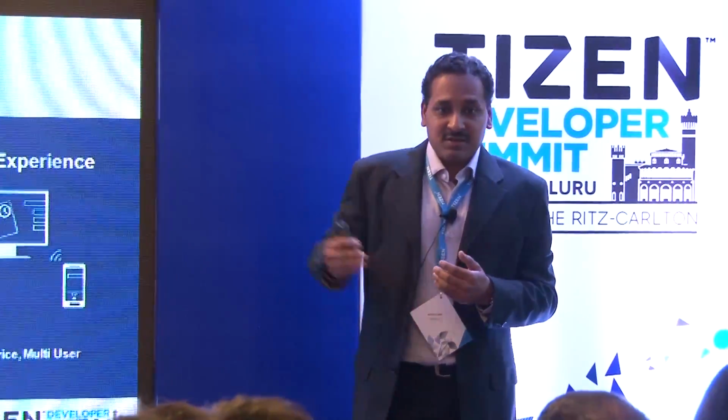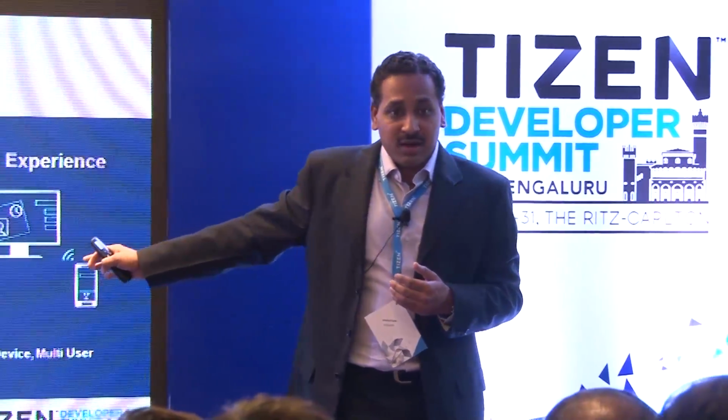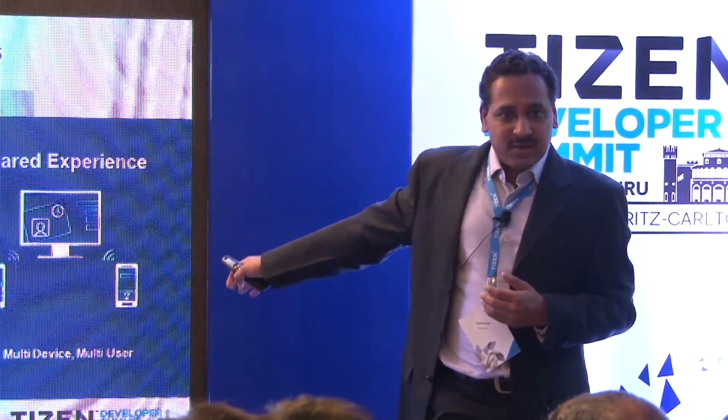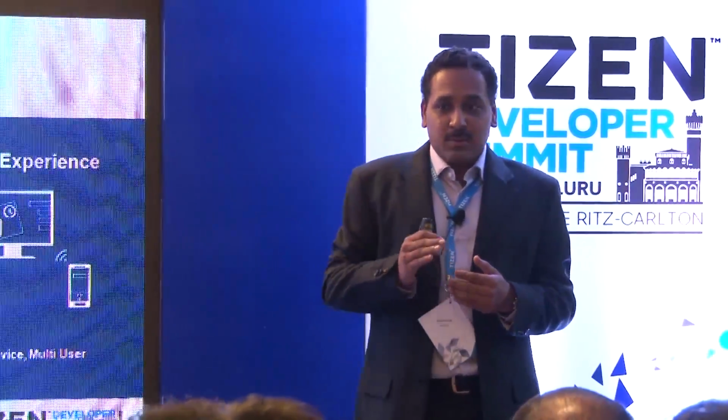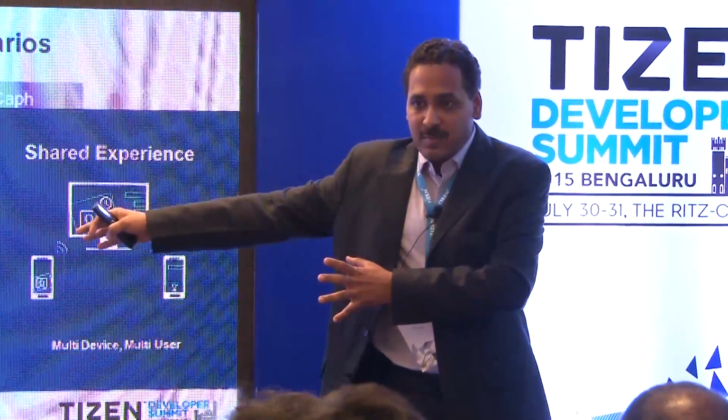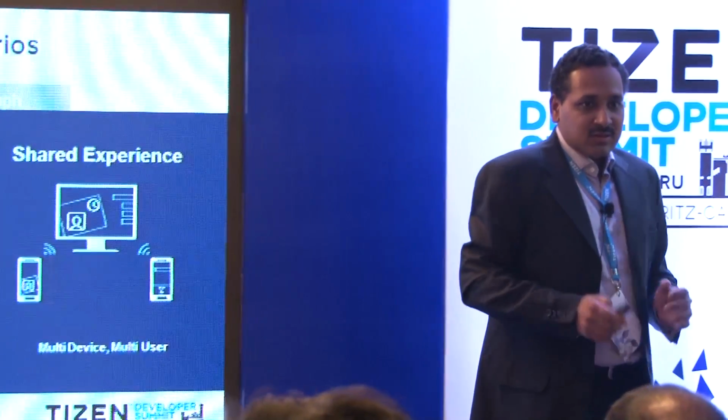So these kinds of applications you can create using multi-screen APIs. The important thing to point out here is that the TV acts as the main controller in this scenario. So the logic is on the TV side. So that was a brief about multi-screen APIs.